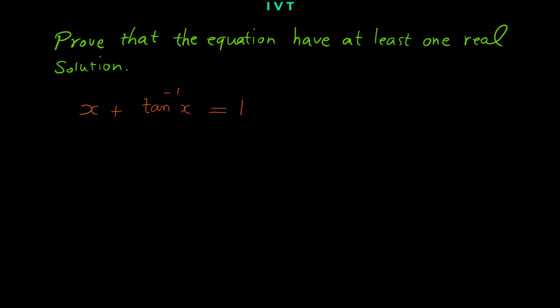Before we start this question, let me briefly remind you of the intermediate value theorem and how we use it to answer these types of questions. First, you have to define a function f of x. And attention, that function f of x should be a continuous function.